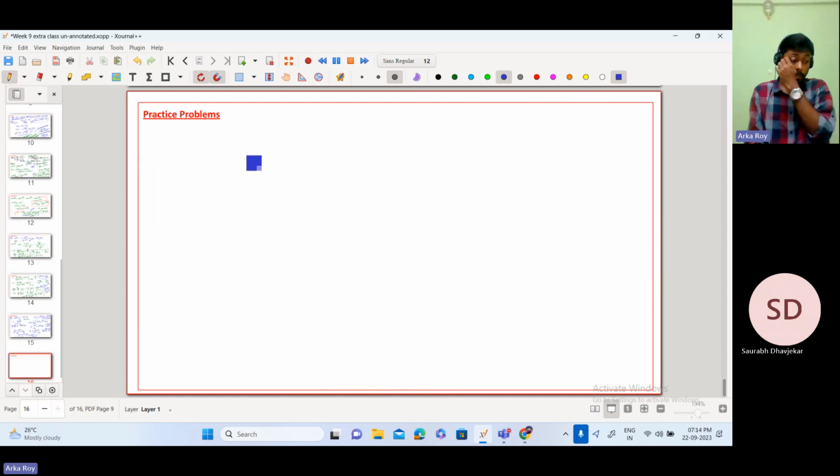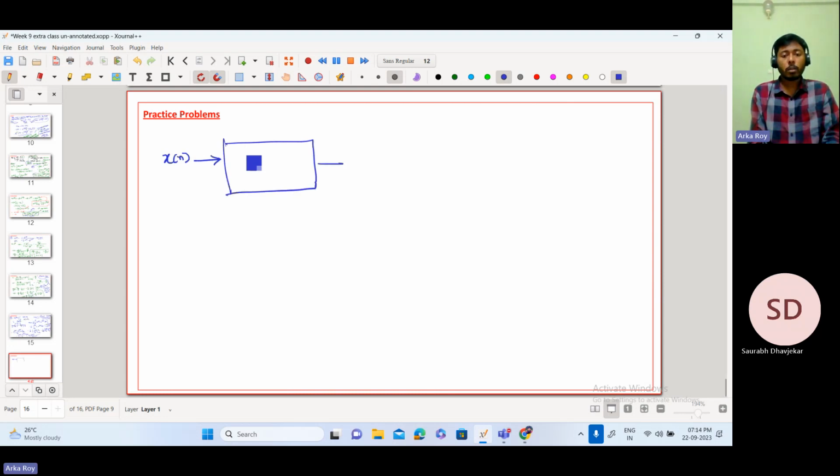So let me just restrict myself to the problems itself. Another question: let us consider x[n] is given. These questions that I am taking have appeared mostly in the GATE examination, so from there I have taken the question. x[n] is passed through two transfer functions.